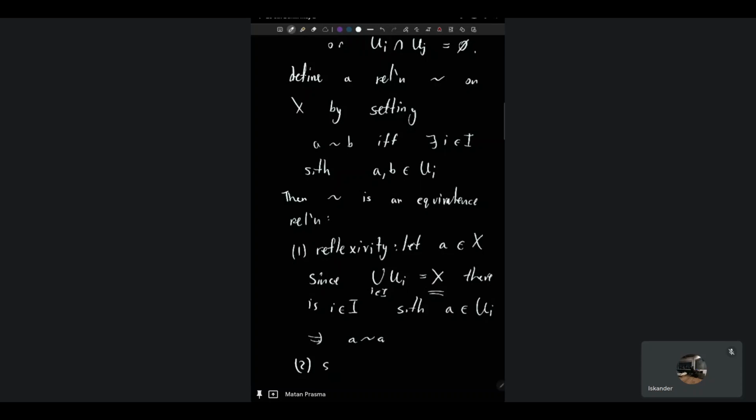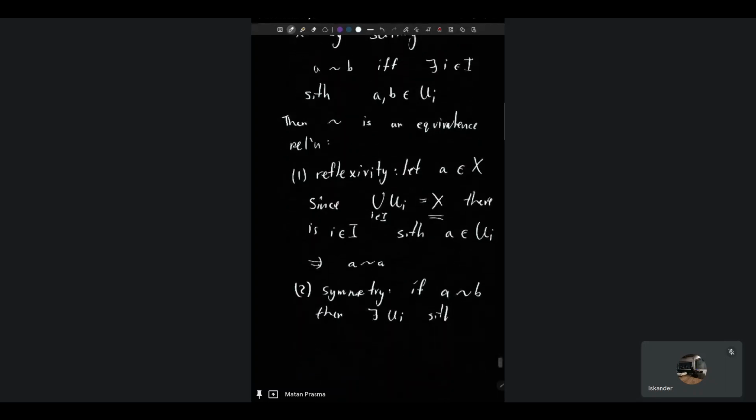To see symmetry is obvious, because clearly, if a is equivalent to b, then there is some U_i such that both a and b are in U_i.